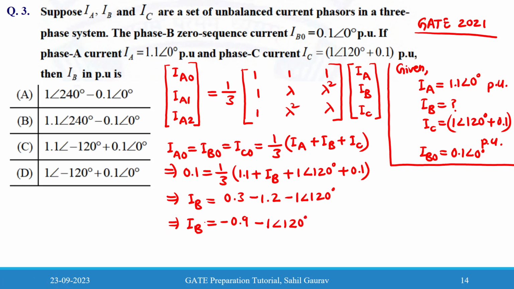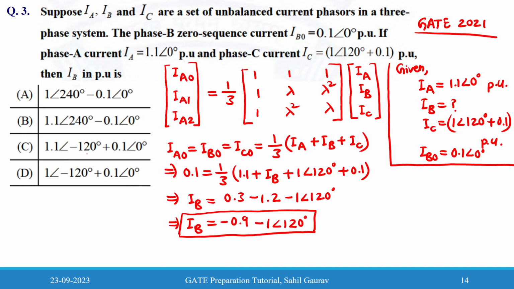So here we can see that no option is matching with the answer we are getting. So we have to manipulate this expression and write it in a different way. So we can write it as minus 120 degree or 240 degree. Both are the same.